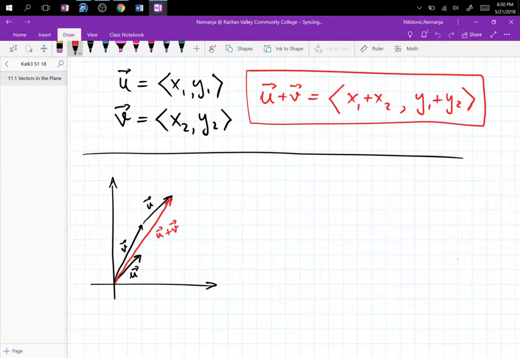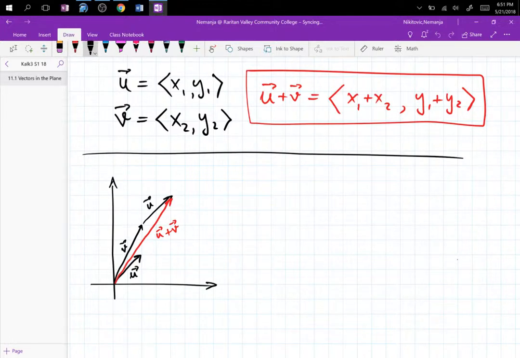So vectors can be added together. A vector can be scaled. You can multiply a vector by a number, either a fraction or a whole number, and that will make the vector shorter or longer, depending on what you multiply it by.